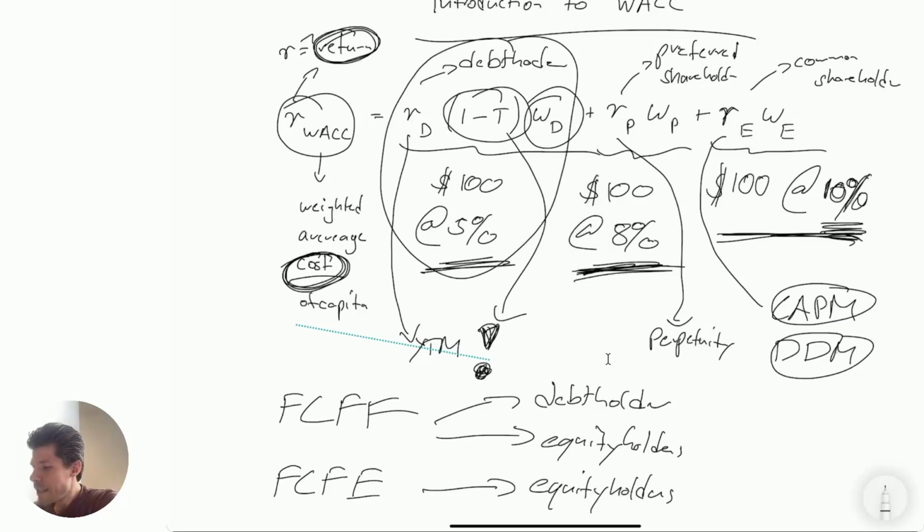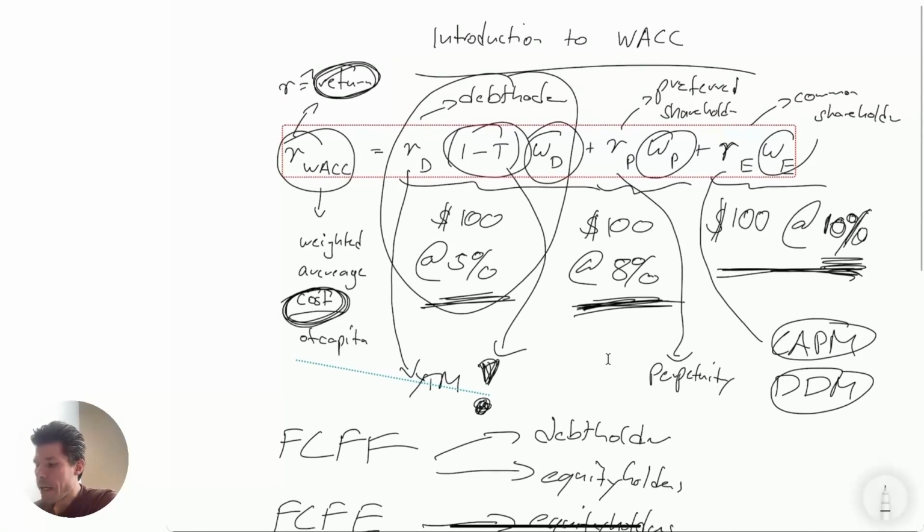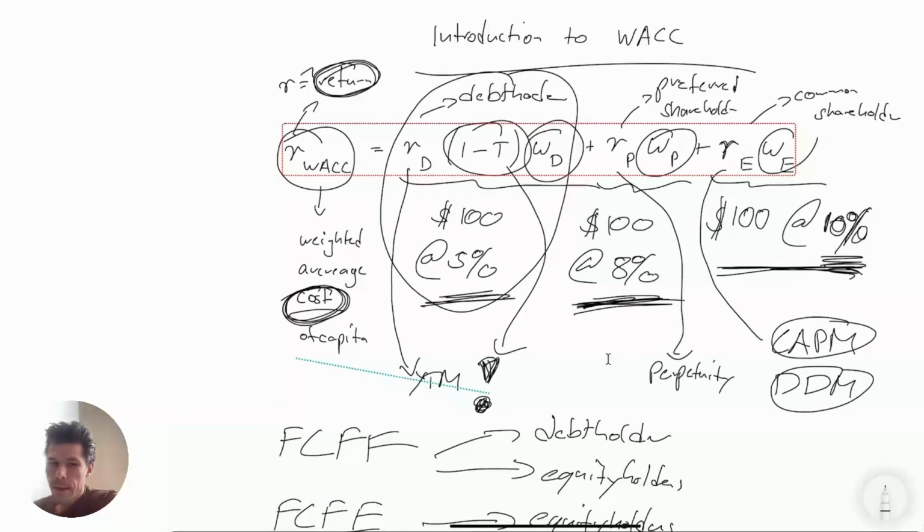This one is weight, and this really means how much of each financial source, capital source, the company has.